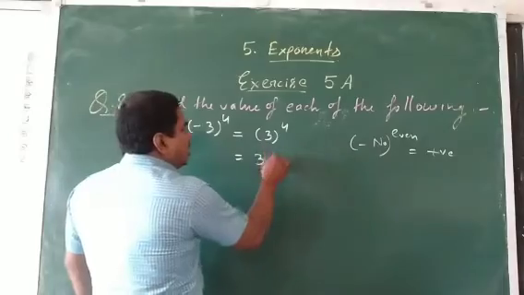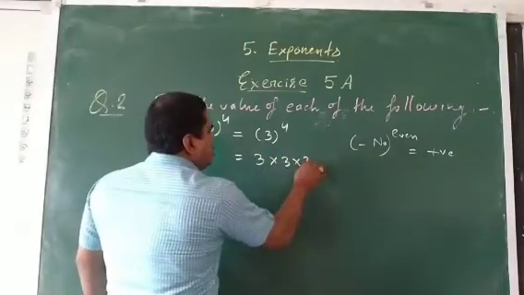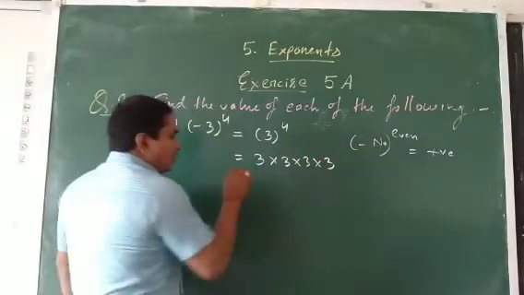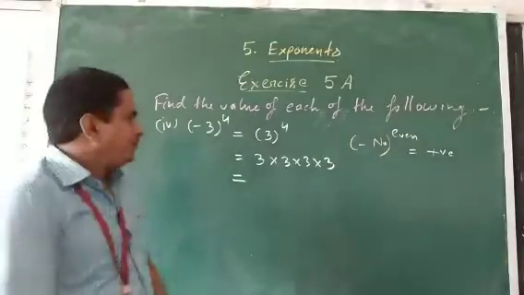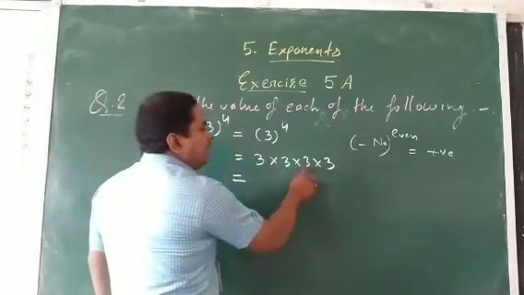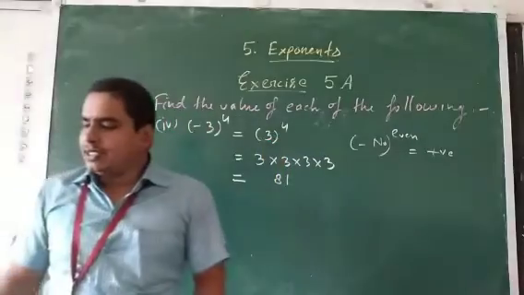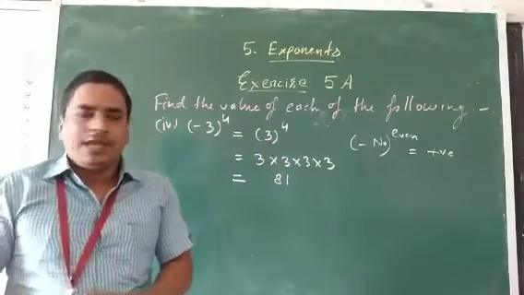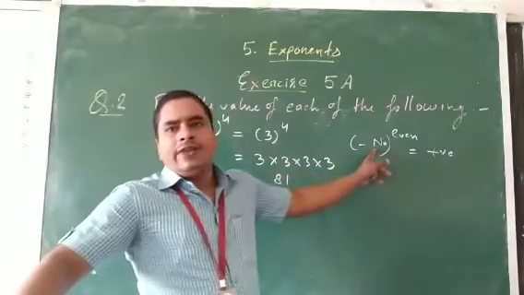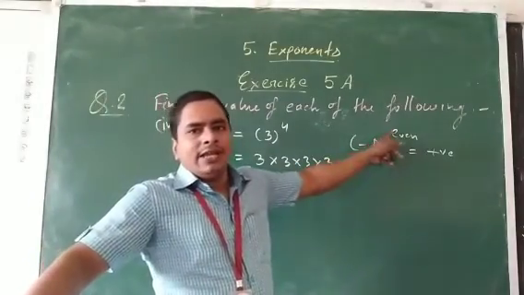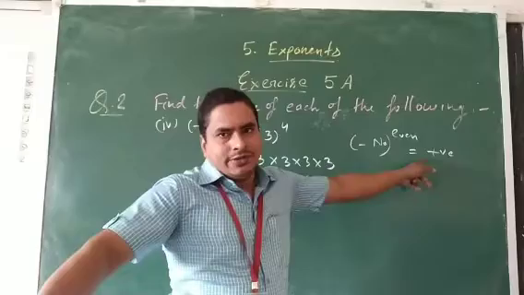So here you can expand 3 into 3 into 3 into 3. So what will we get? 3 3s are 9, 3 9s are 27, 3 27s are 81. Okay, this is the answer. Here use this concept: if any negative number has an even power, then its value is always positive.